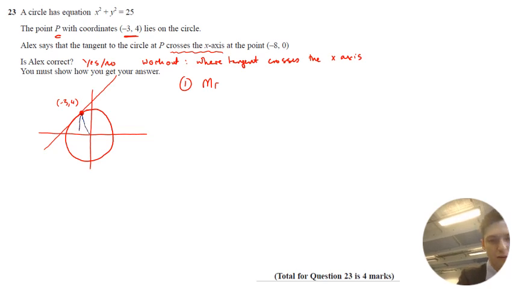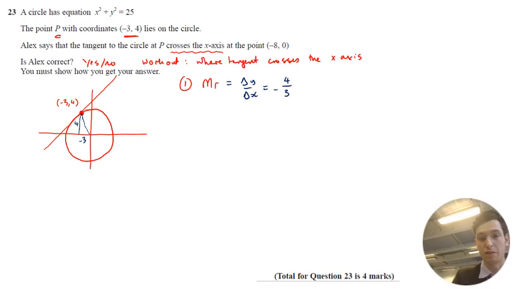We're going to draw a right-angled triangle, and we're going to say that is a distance of minus 3, and this is 4. So the gradient of my radius, change in y over change in x, is 4 over minus 3, sorry, minus 4 over 3. So that's the gradient of my radius, and that makes sense because my radius is downward sloping.